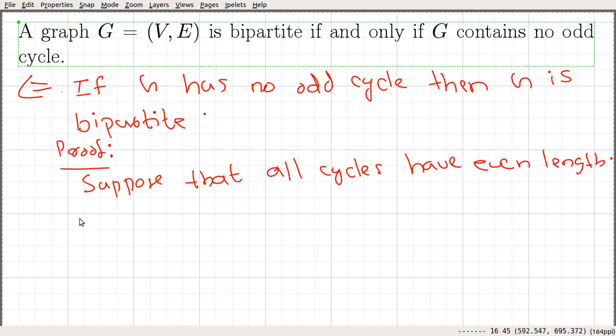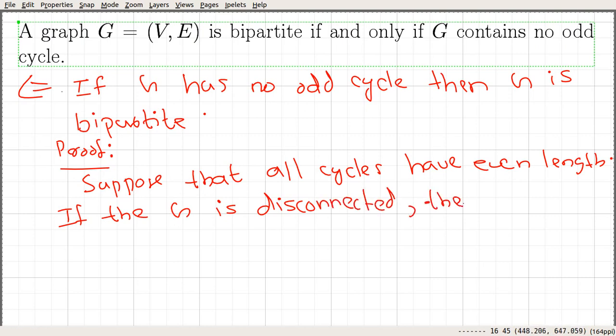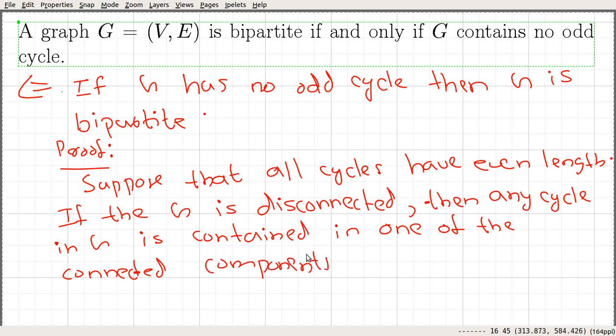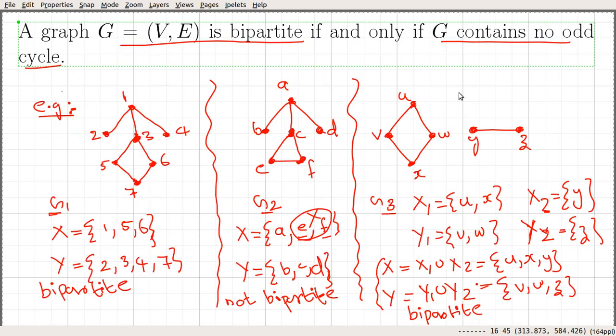Here is one more thing to remember: if the graph is disconnected, then any cycle in G is contained in one of the connected components, something similar to this third example.